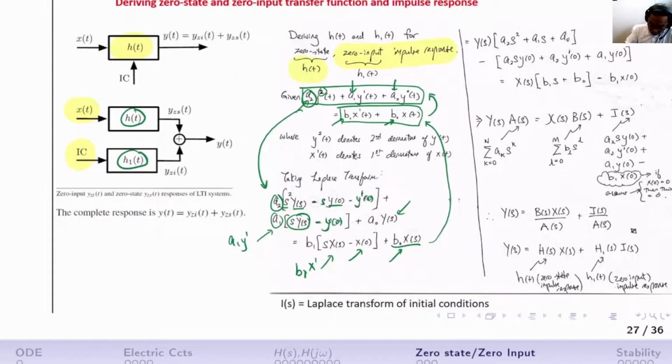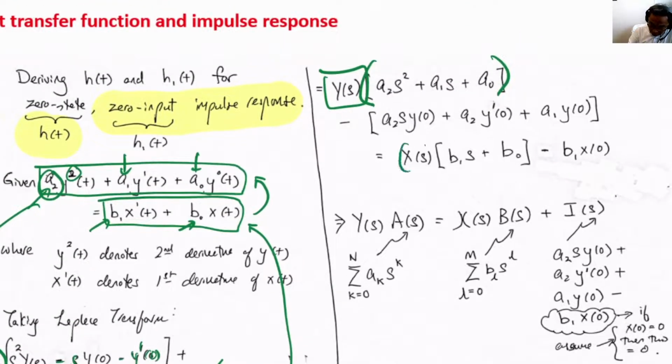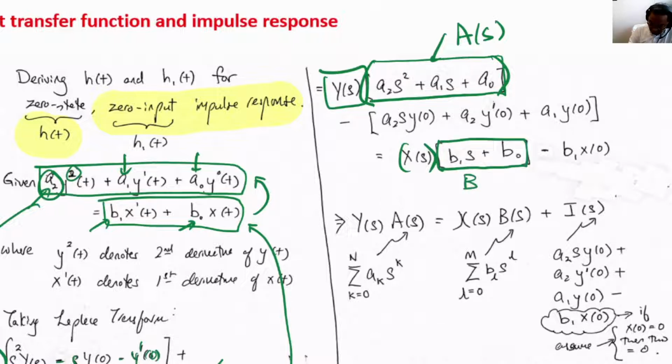We now collect our terms on the left hand side. We are interested in Y of s as well as X of s. Y of s is multiplied by this polynomial, let's call it A of s. X of s has the polynomial, let's call it B of s. We have some extra terms. These extra terms are due to the initial conditions.